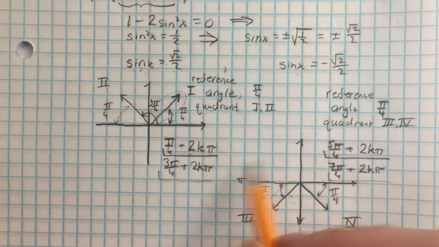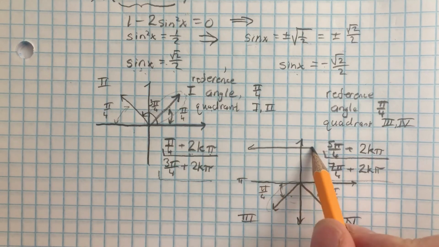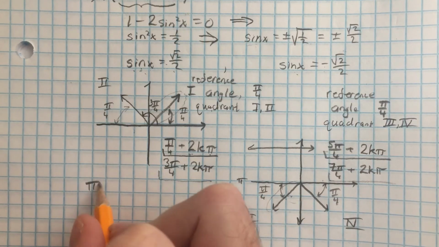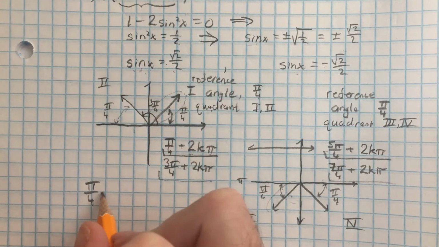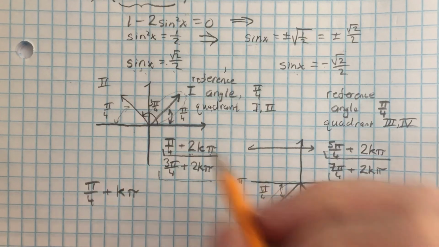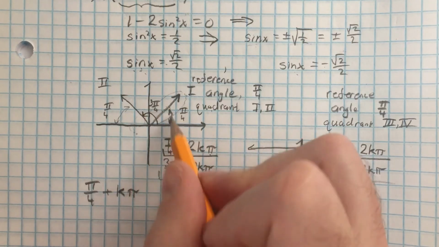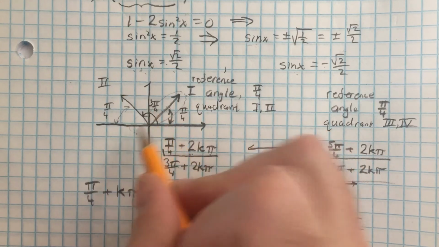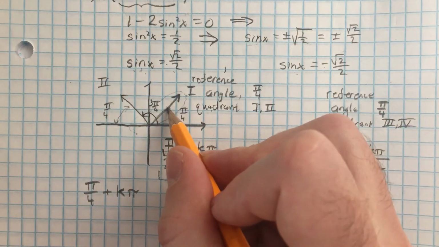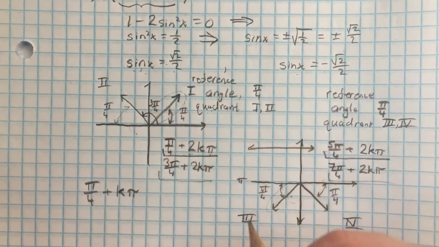So therefore, these two together, I could describe more succinctly as pi on 4 plus k pi, just multiples of pi. If I just go halfway around, right, back to the same position, I'll end up at this solution. If I go halfway around from this terminal side, I'll end up back at this terminal side giving another solution again, and so forth forever.